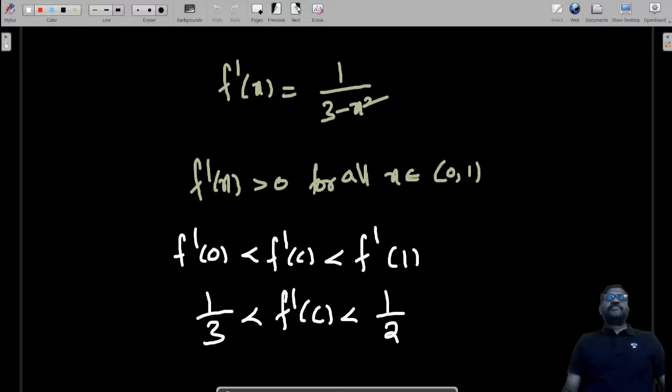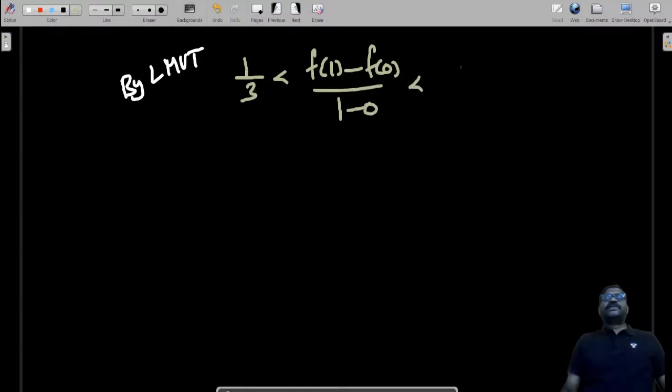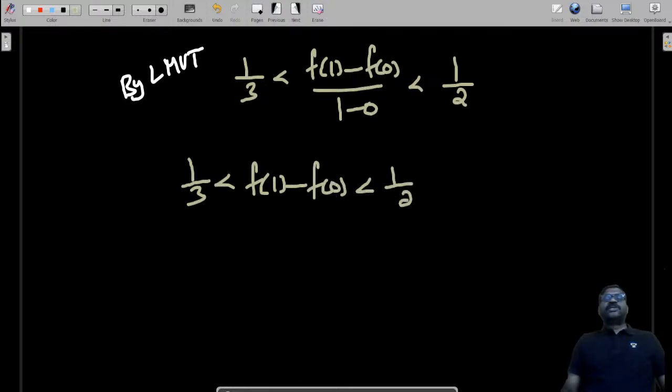By Lagrange's mean value theorem, 1 by 3 less than (f of 1 minus f of 0) by (1 minus 0) less than 1 by 2. So 1 by 3 less than f of 1 minus f of 0 less than 1 by 2.